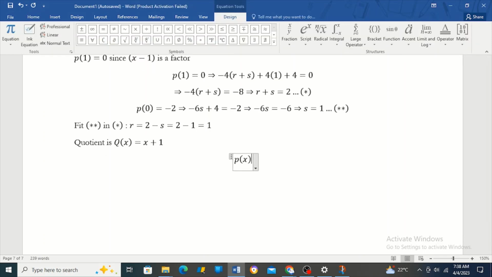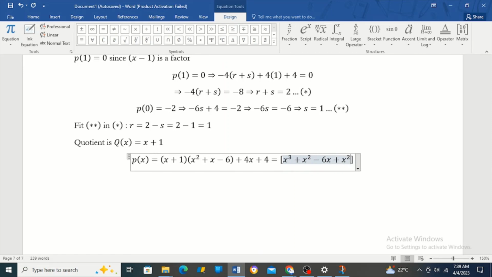So p of x is equal to the quotient x plus 1 times our divisor x squared plus x minus 6 plus the remainder, which is 4x plus 4. If we multiply the first, we are going to get x cubed plus x squared minus 6x plus x squared plus x minus 6, then plus 4x plus 4.